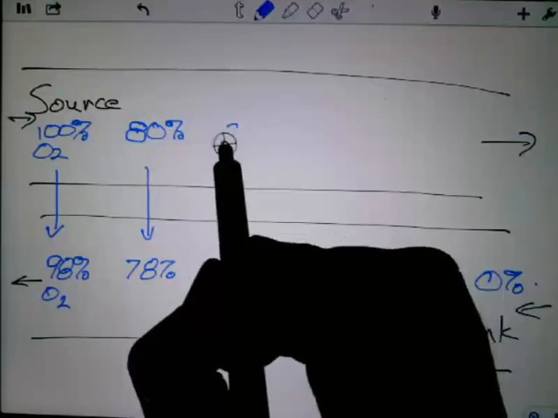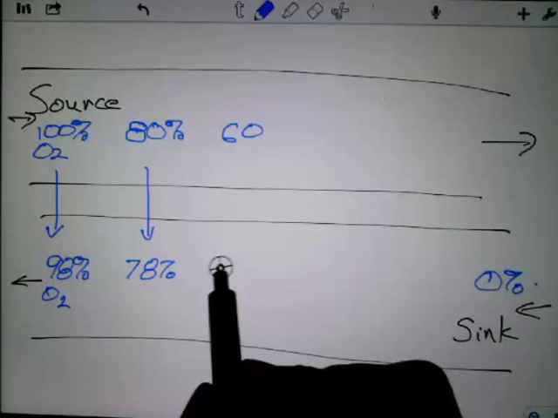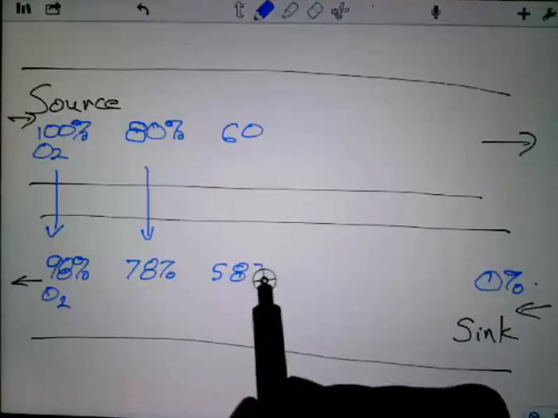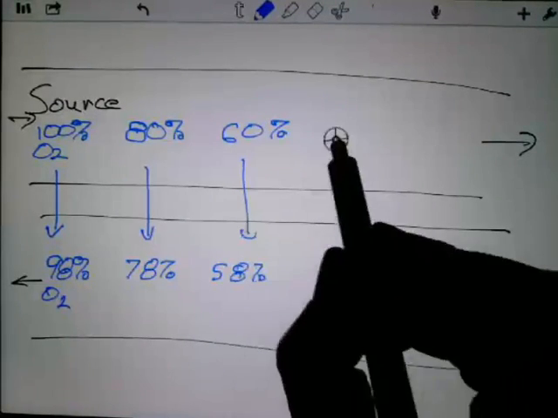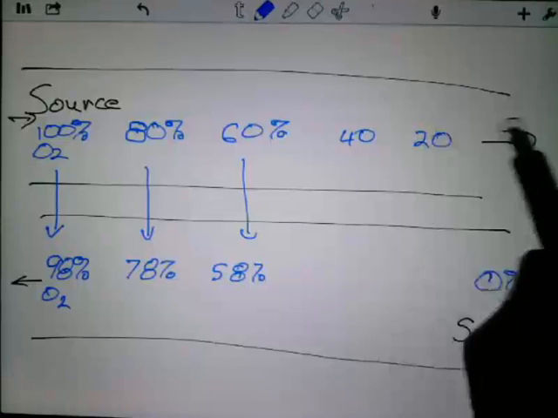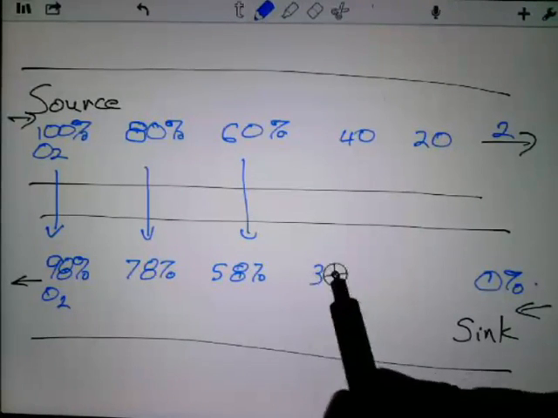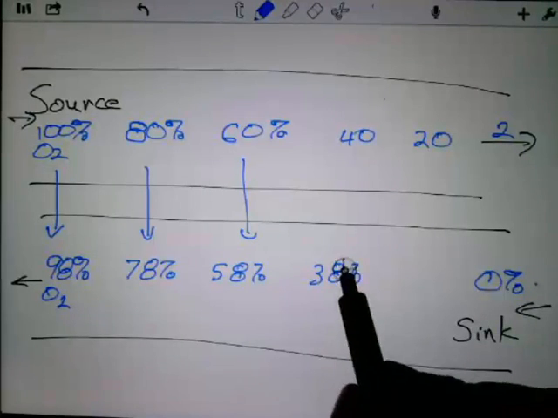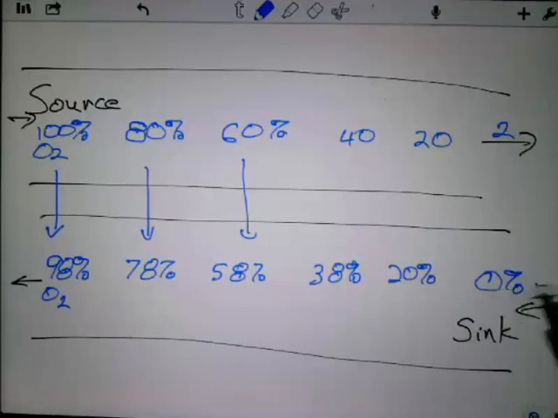If we went further along, the source would have lost more, and the sink wouldn't yet have picked up quite as much. And further yet, we might be at 40 and 20 and maybe 2 at the end, and 38%, 20%, and 0%.